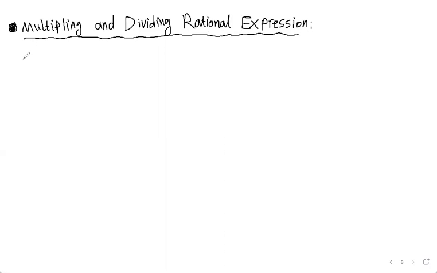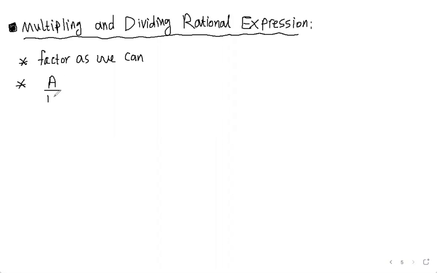Again, the idea for this one: we factor the numerator and the denominator, then we use this property. So we have two things: we factor as much as we can, then we use this property.